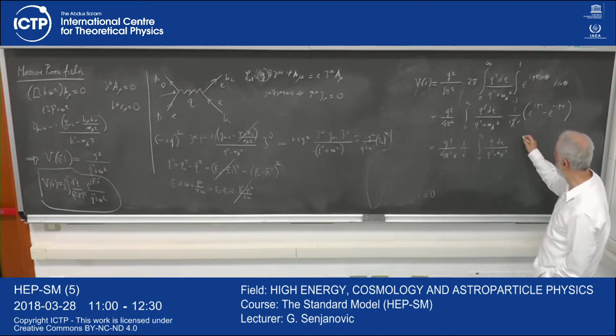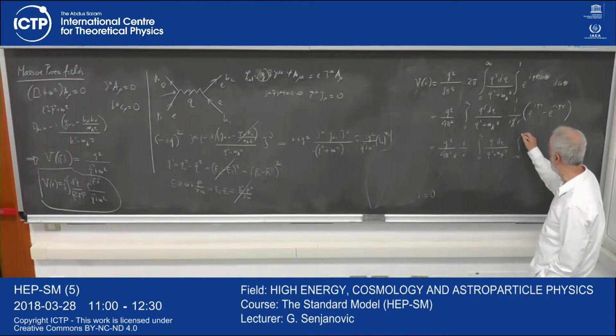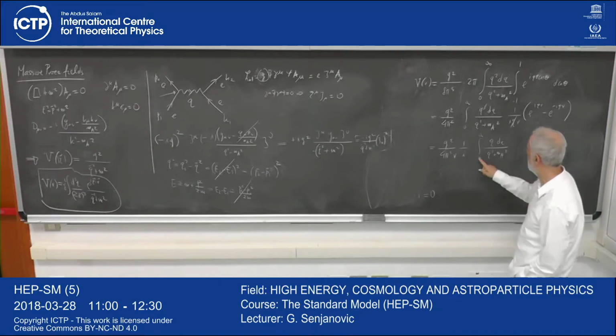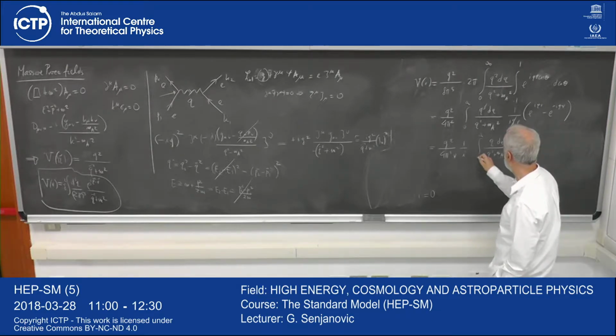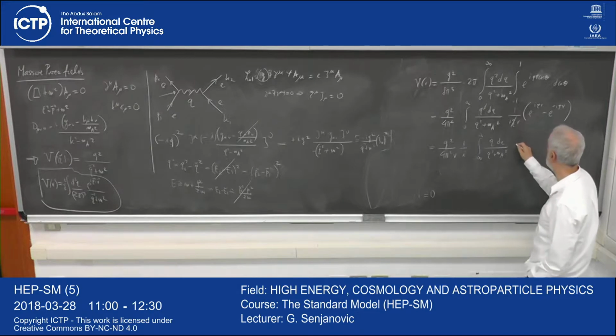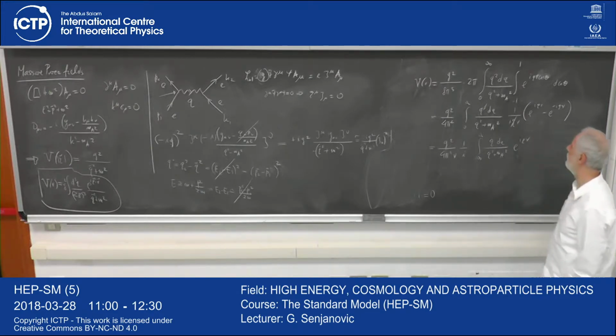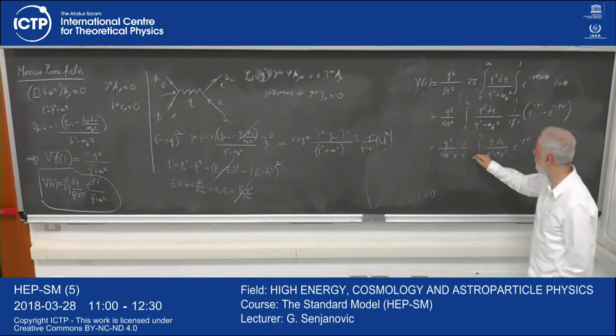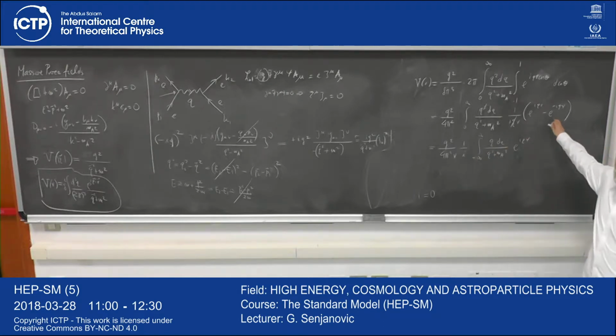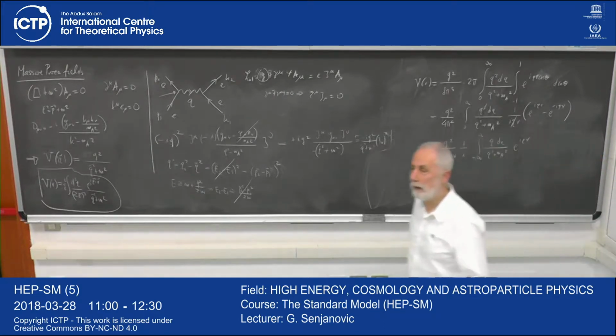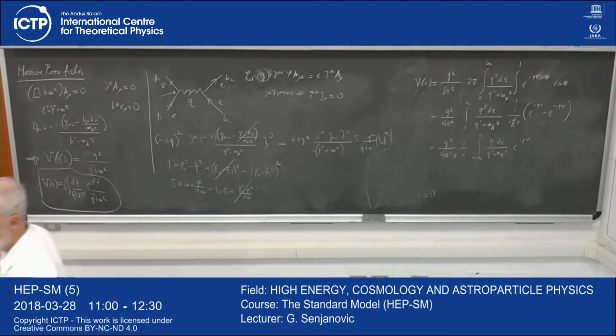So I summarize it: this is really an integral from minus infinity to plus infinity of e to the i q r. The other one is just what you get by having q going to minus q. I invite you please to check it.